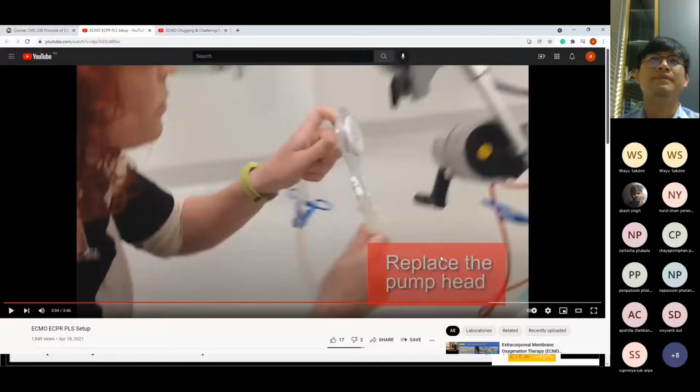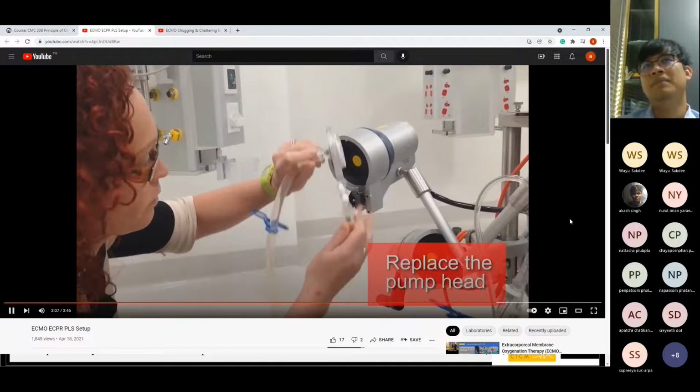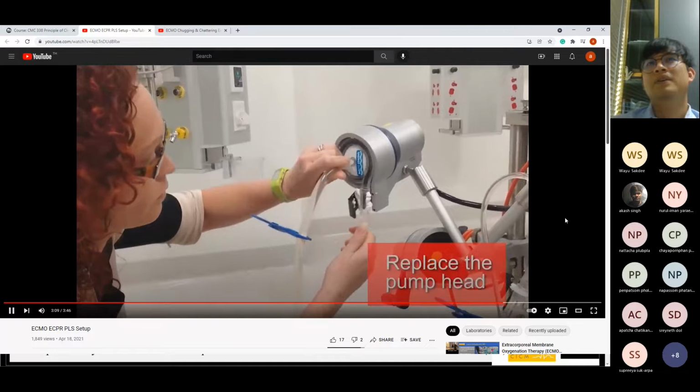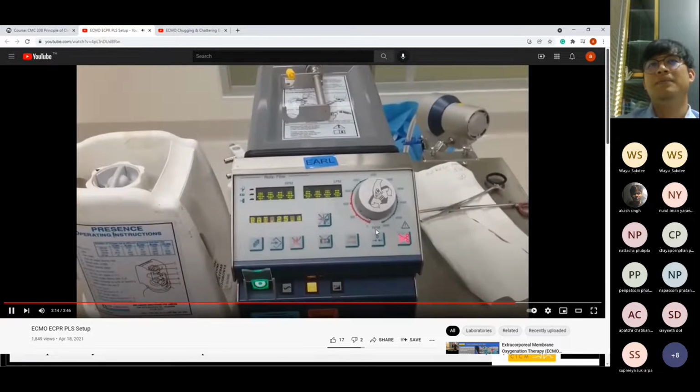Because the centrifugal pump cannot measure the flow by itself, it just shows the RPM, right? For measuring the output from the pump flow, you need to have a flow probe like here. Put it into the pump motor console. You see, here is the pump probe.